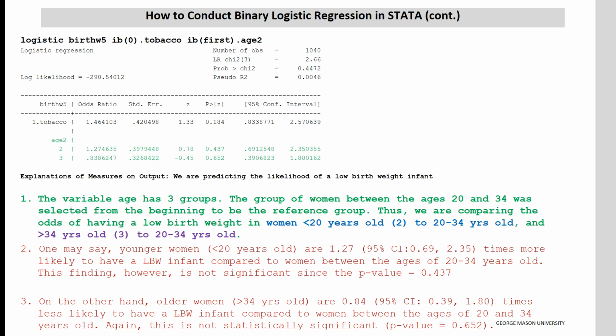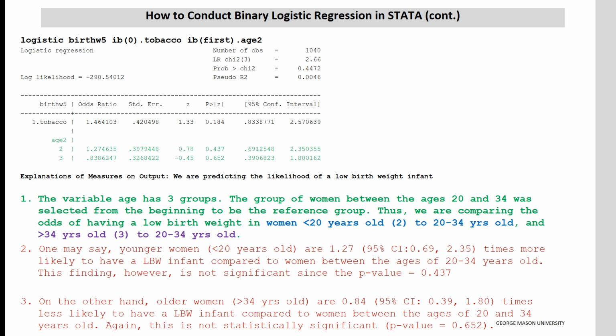Now let's try to interpret the odds ratio related to the variable age. The variable age has three groups. The group of women between the ages 20 and 34 was selected from the beginning to serve as the reference group.